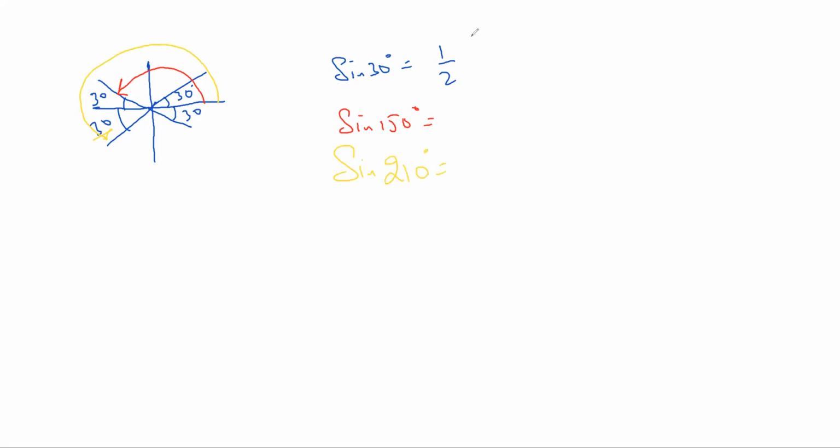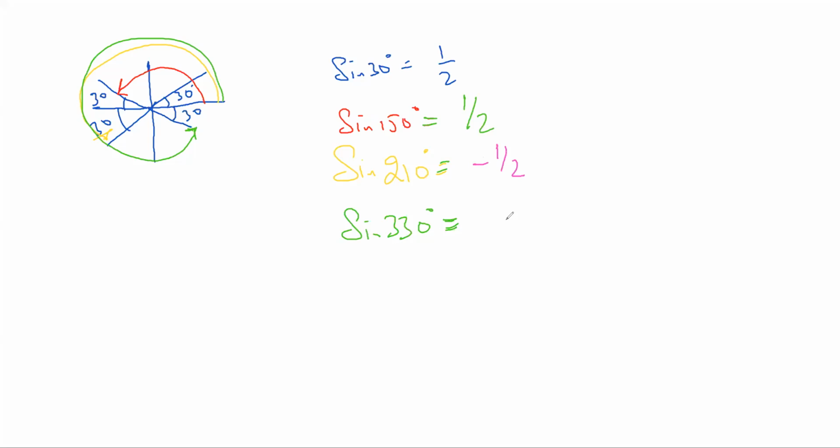And again, tell us without using a calculator what is going to be sine 330. Who will tell us what is sine 150? It is 1/2. What is sine 210? -1/2. What is sine 330?